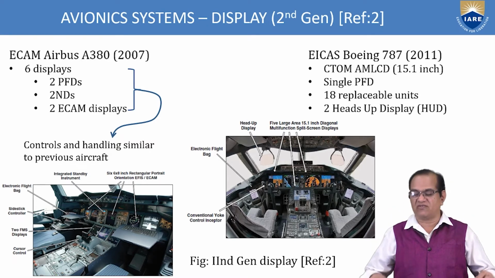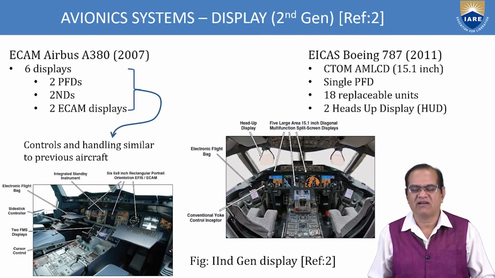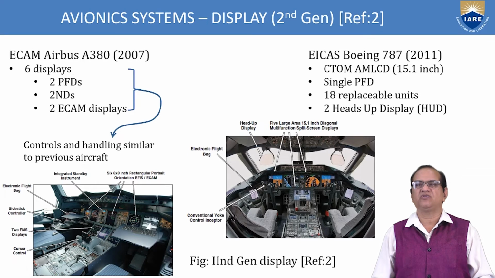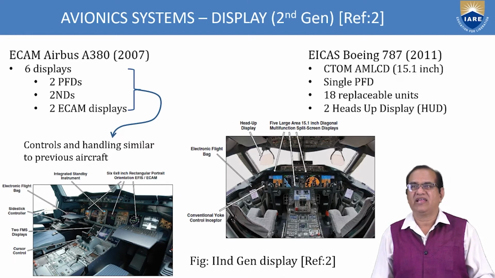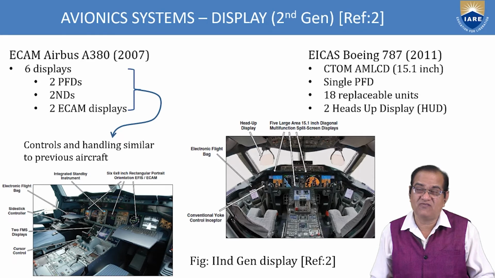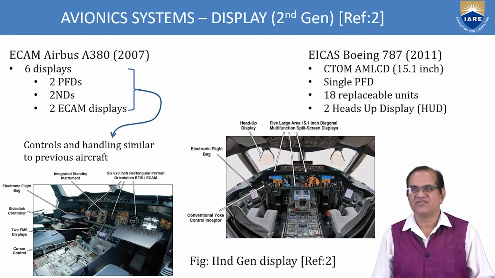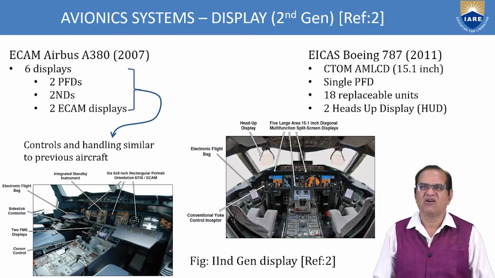This makes the aircraft very safe and flight very comfortable. Here I am displaying two types of modern aircraft. One is the Airbus 380 and another is the Boeing 787. Both are very well reputed aircraft, and their equipment differs a little from each other.